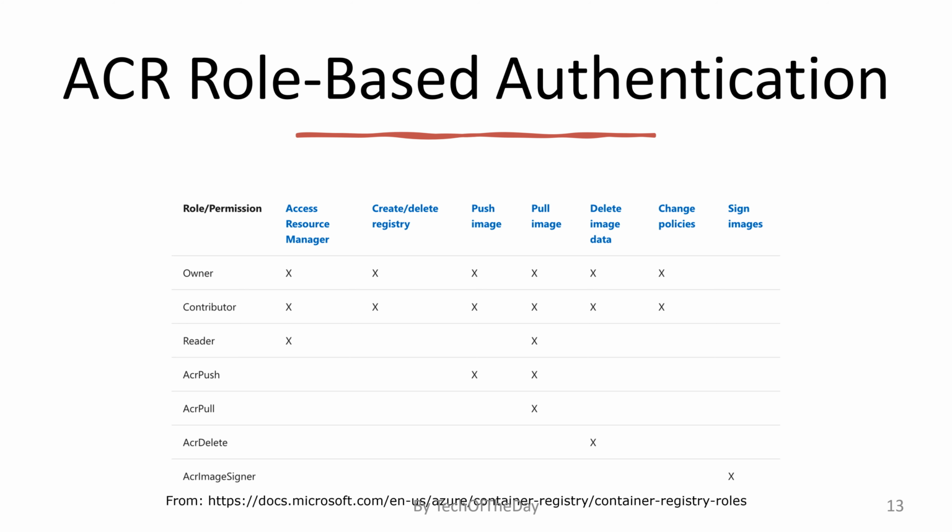So if you just want to provide this role, it will only give the required permissions for ACR pull, same for push if you just give push, and the same for delete. But if you want to give other rights, then you have to give other roles like owner, contributor, or reader. Let's continue.